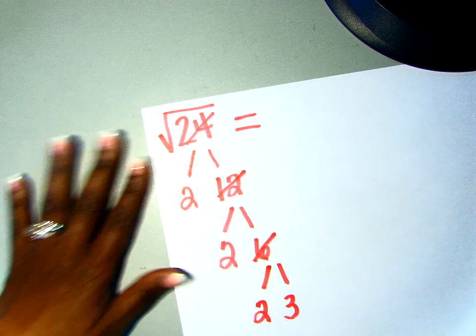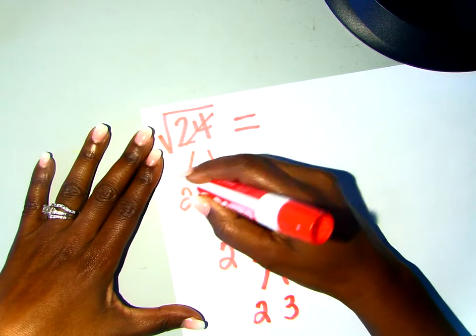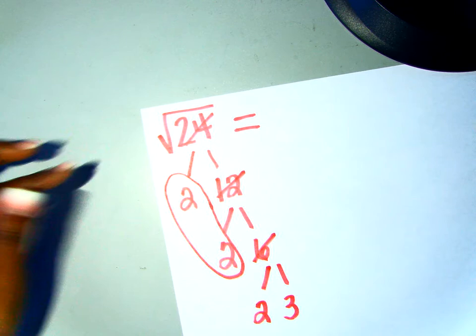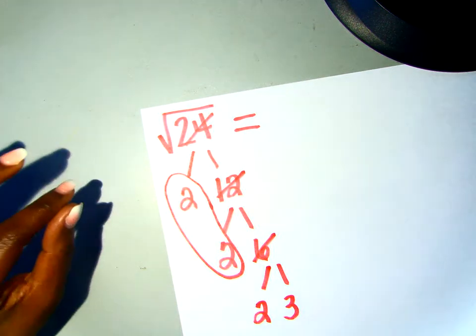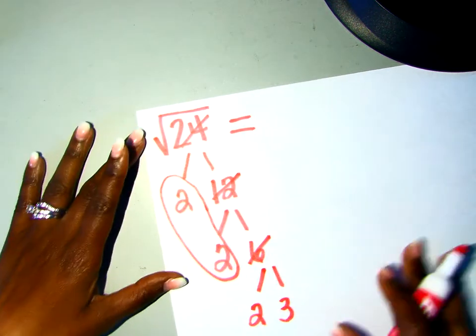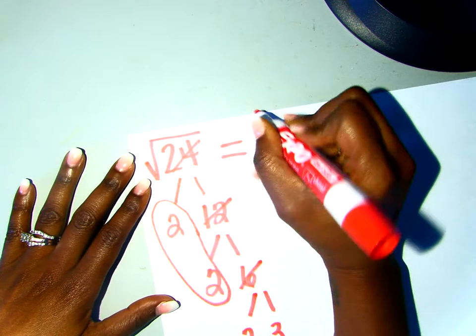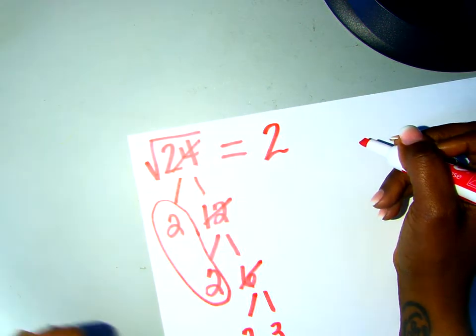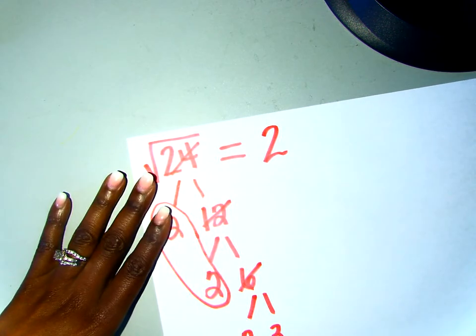Alright, step 2 says circle your pairs. I have a pair of 2's. Then it said after circling your pairs, place one number from that pair. So I have one set of 2's, so I will place one 2 outside the radical. Step 3 says to underline your non-pairs.